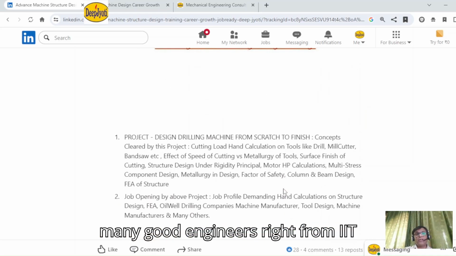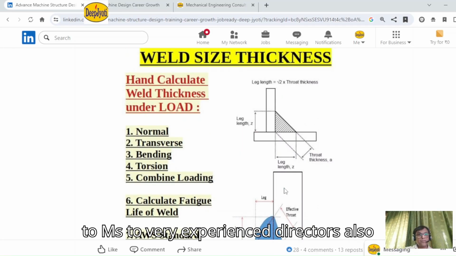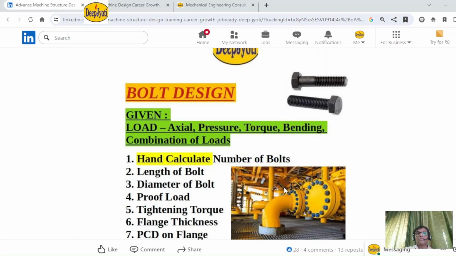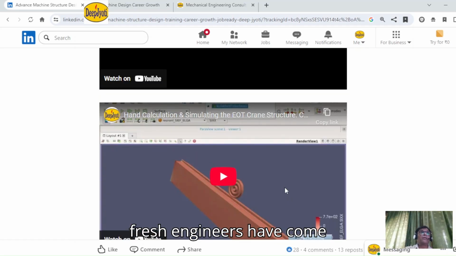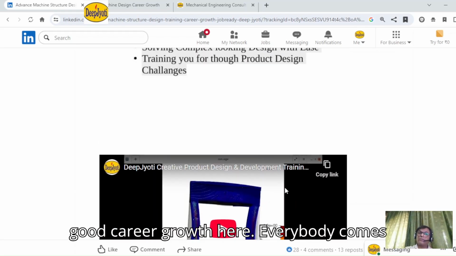We have trained many good engineers, from IIT to MS to very experienced directors also. Many self-motivated fresh engineers have come for training, and now they have got very good career growth.